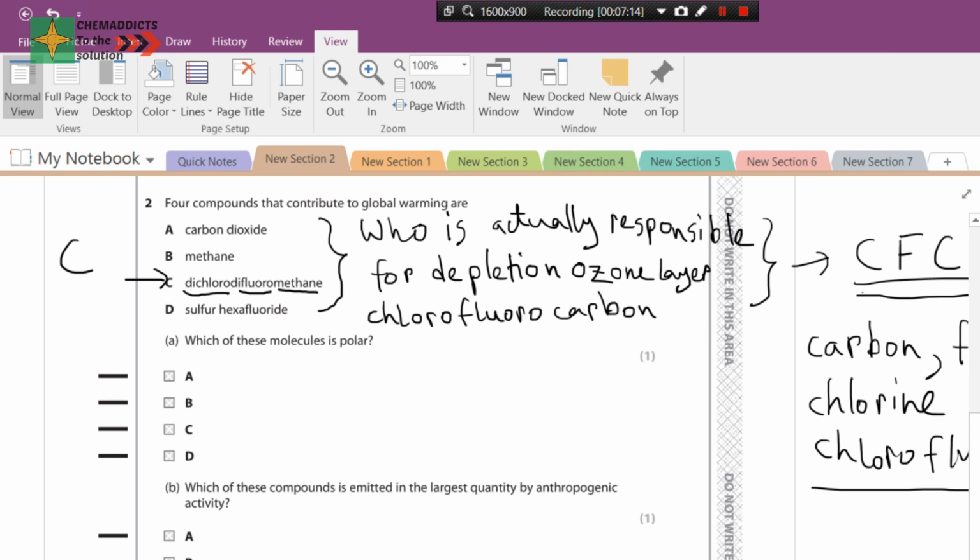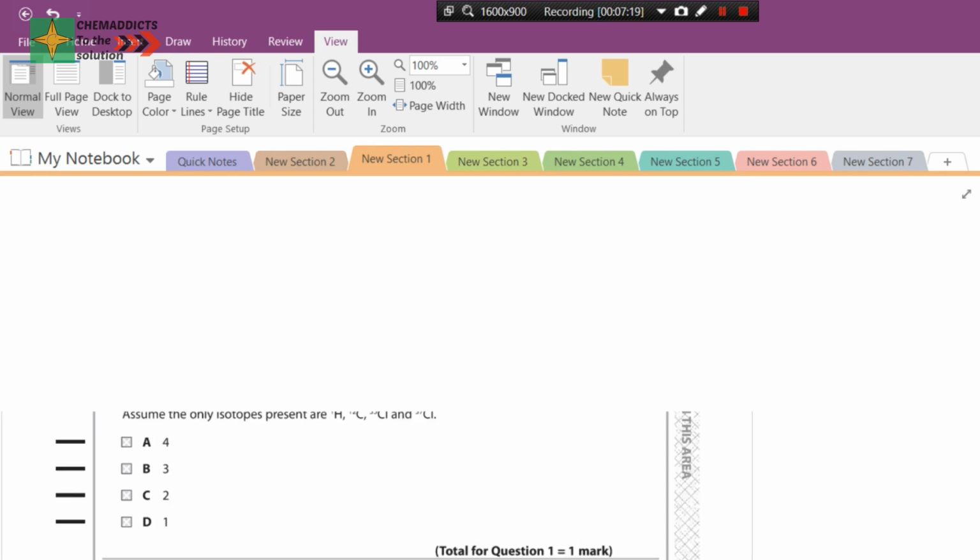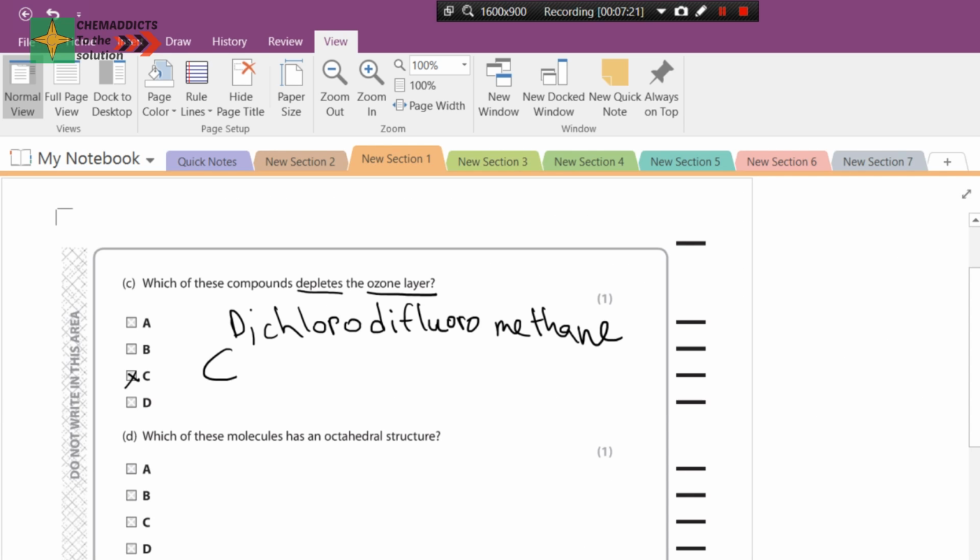So the answer is C, dichlorodifluoromethane. This is how we find the suspect for killing our friend the ozone layer. The ozone layer is our friend. It is protecting us from UV radiation high up in the atmosphere.